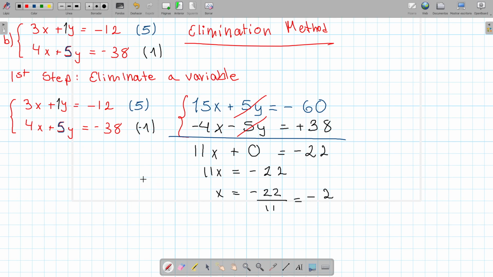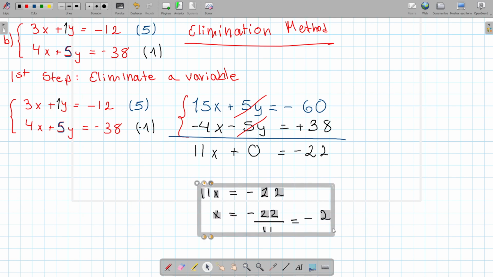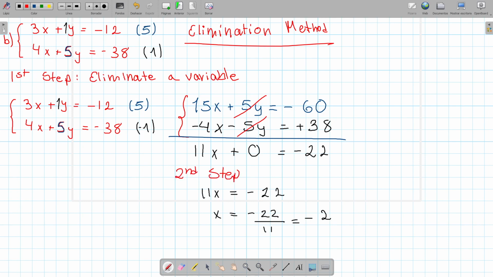As you can see, we already have the value of x, and here I forgot to put the next step. When we eliminate the variable, the second step is that we have to solve the equation.